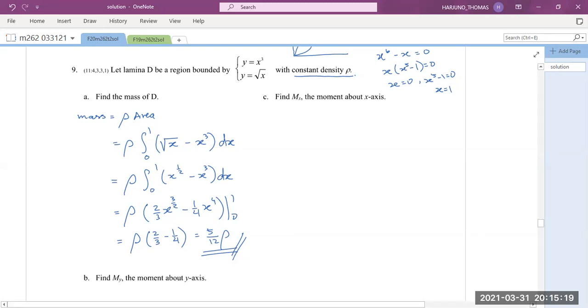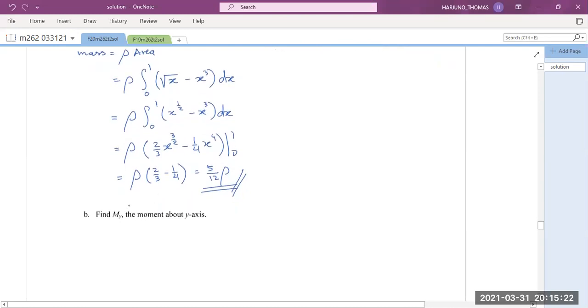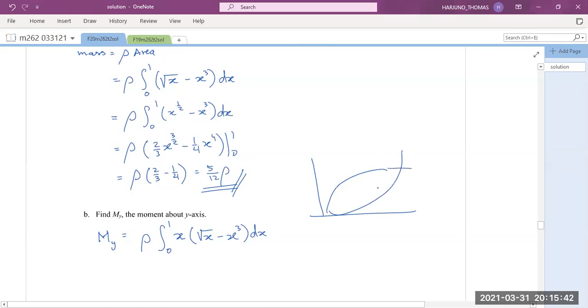How about the moment with respect to the y-axis? The moment with respect to the y-axis is the same setup, exactly the same setup, but you insert x. Because let's say this is the curve, right? Now, the moment with respect to the y-axis is that function multiplied by the distance from the y-axis, which is x.